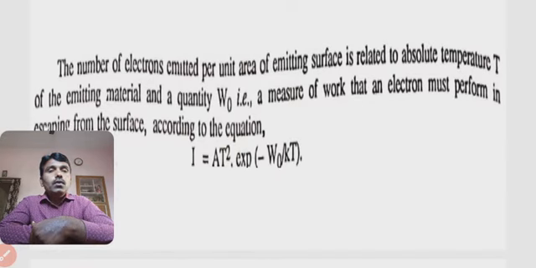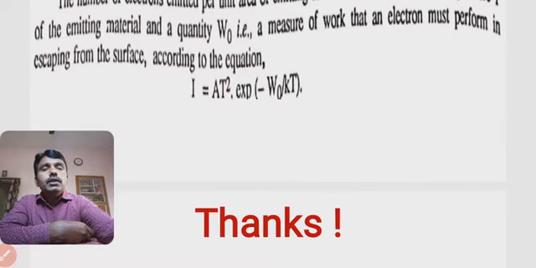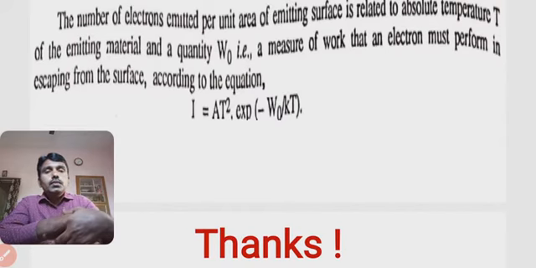According to the equation I equals A T squared exponential of minus W0 by k T, this relationship gives you how much thermionic emission there is.